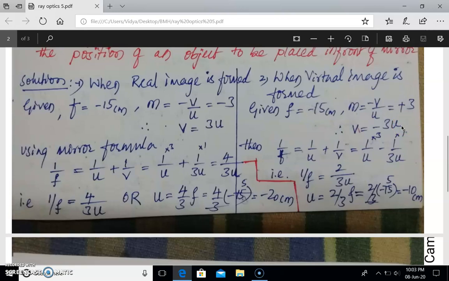I'll write minus 3 because when a real image is formed, it is formed in front of a concave mirror, so the image distance is negative, and the nature of the image formed will be real, inverted, enlarged 3 times that of the object. Therefore, I can write V equals 3U.